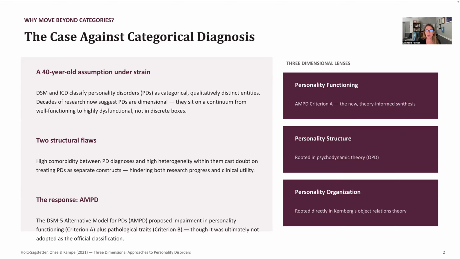And then there's also high heterogeneity within them. What that means is I can have somebody with borderline personality disorder, but there are so many different amalgams of what that disorder can look like because so many different traits show up.